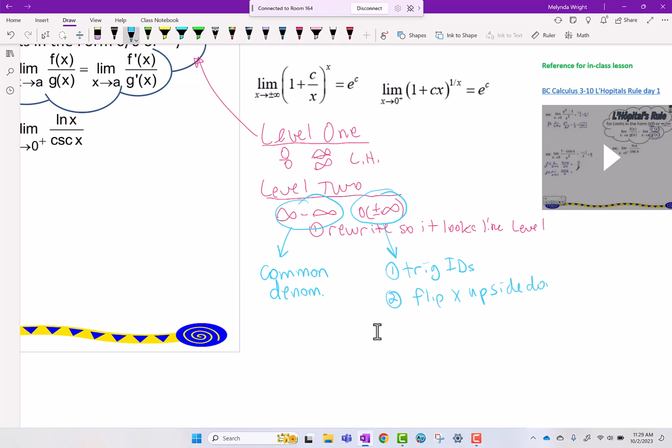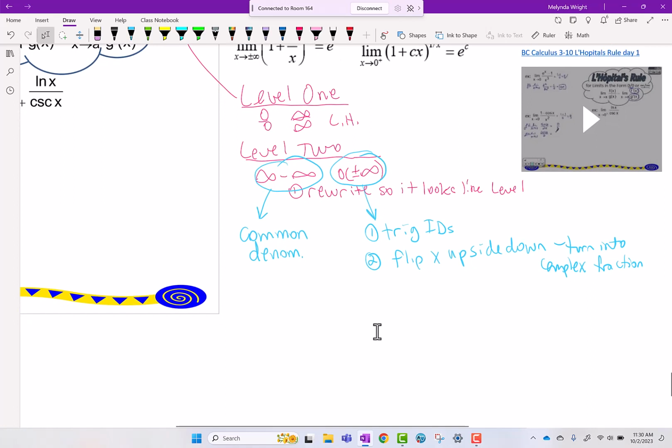I'm going to give you an example of that, which means turn it into a complex fraction. Okay, and I'm totally making this up, so this is not an indeterminate. I'm just making up the concept. So let's just pretend that it's x times e to the x.